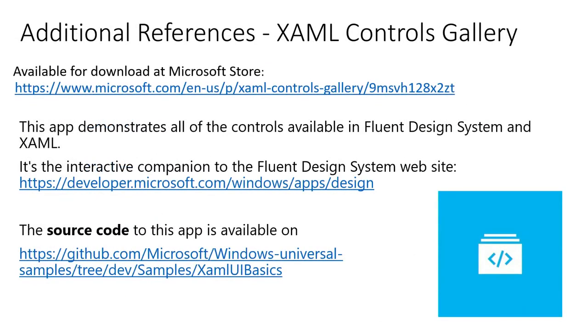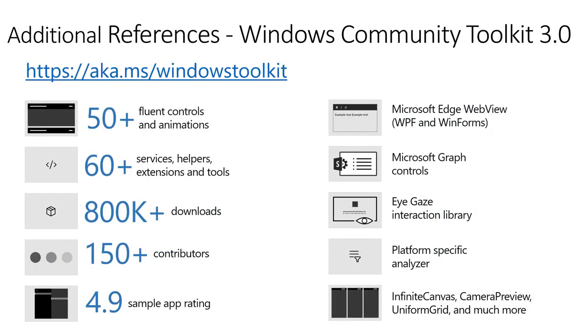If you want to know more about it, here is the XAML Controls Gallery, and here are the references where it's available, on the Microsoft Store or even GitHub, as you can see. And the other one is the Windows Community Toolkit, which contains the UWP controls. It's available there, and even on the Microsoft Store as well.